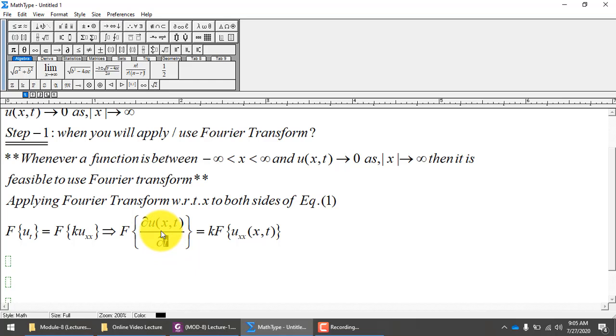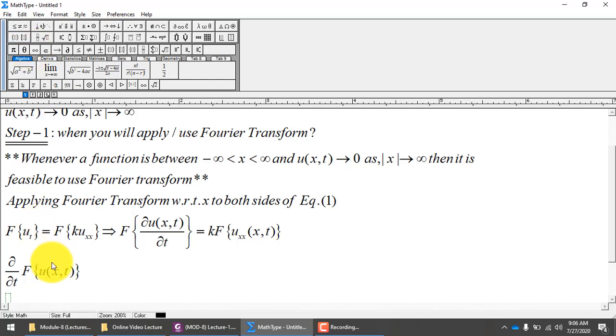optional, that you can take first the Fourier transform and then you can take the derivative, because x and t are independent. Remember that if x and t are not independent and they depend upon each other, then you cannot do that. So it is your choice that you should take derivative outside, and you should take Fourier transform first.